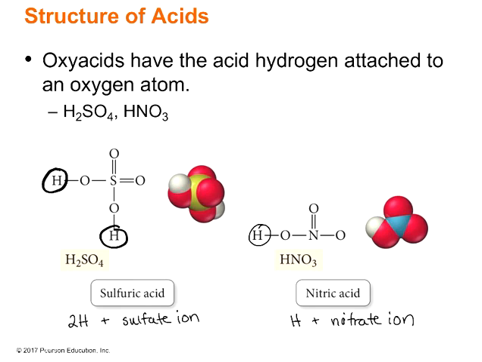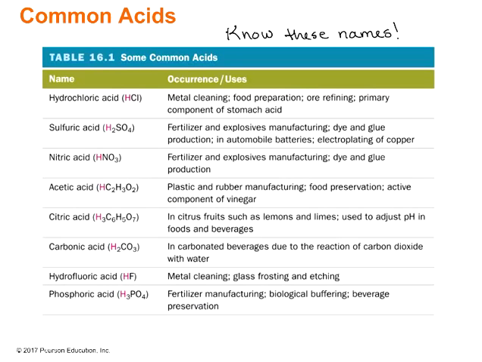All right, so remember that there are two types of acids, and naming the acids depends on the structure. So if we go back to our table, we start with a binary acid, hydrochloric acid, and you'll notice we're using this prefix hydro.